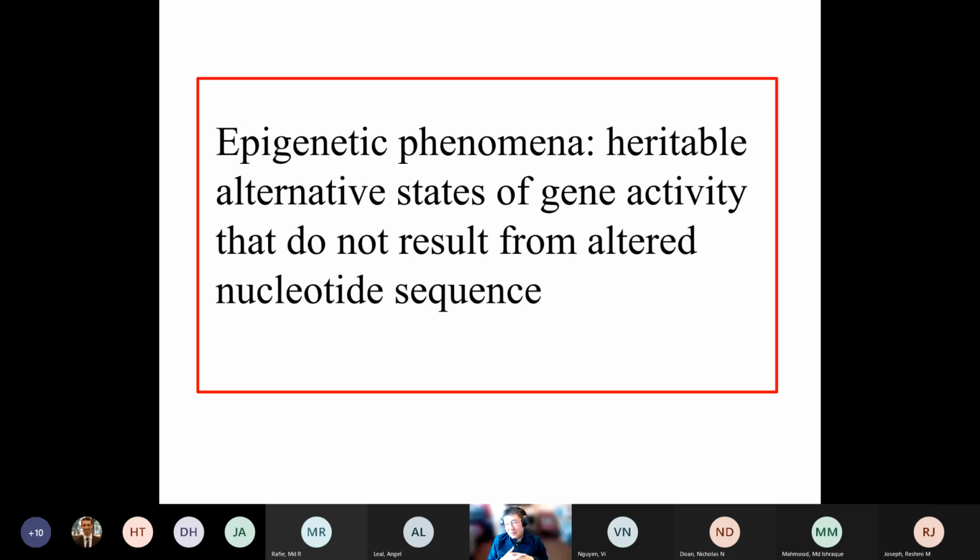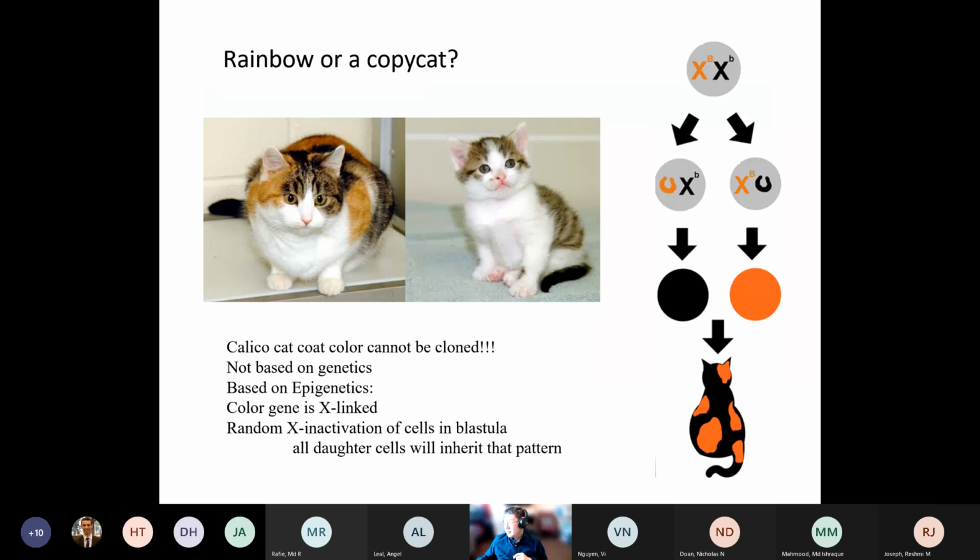If you're confused about why epigenetics is heritable, let's go back to the first slide. This X inactivation happens in early life, but this inactivation will get passed to the daughter cells, and the daughter cells of daughter cells.